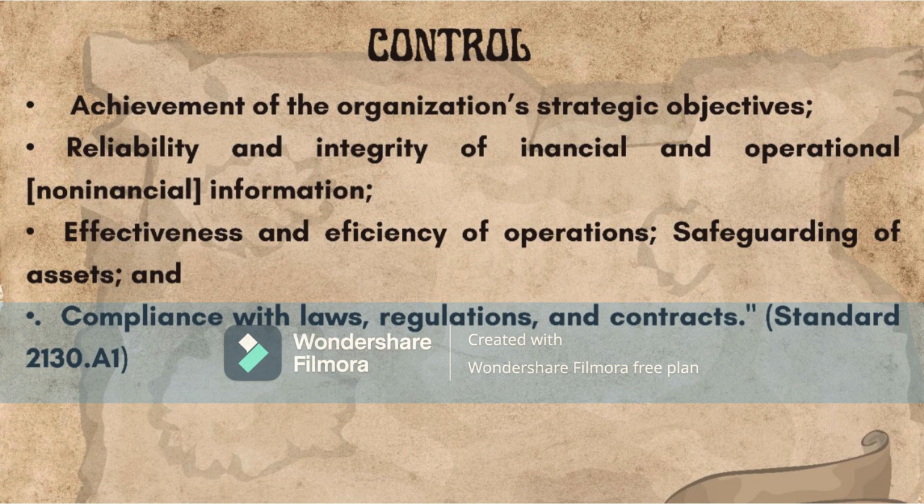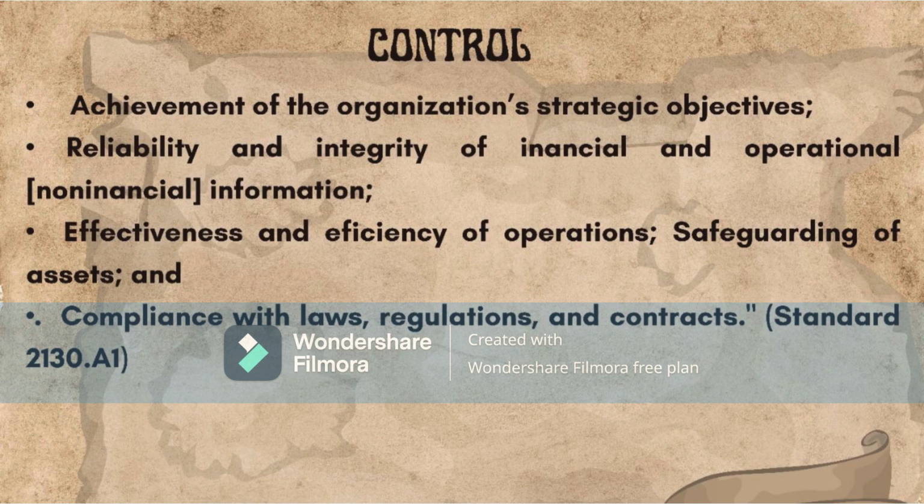According to the IIA Standard 2130, control, the internal audit activity plays a pivotal role in assisting the organization in maintaining effective controls. This involves evaluating the effectiveness and efficiency of controls and promoting continuous improvement within the organization.